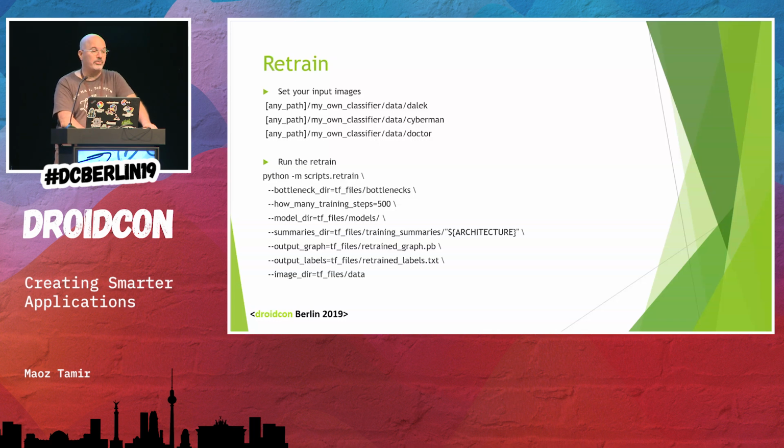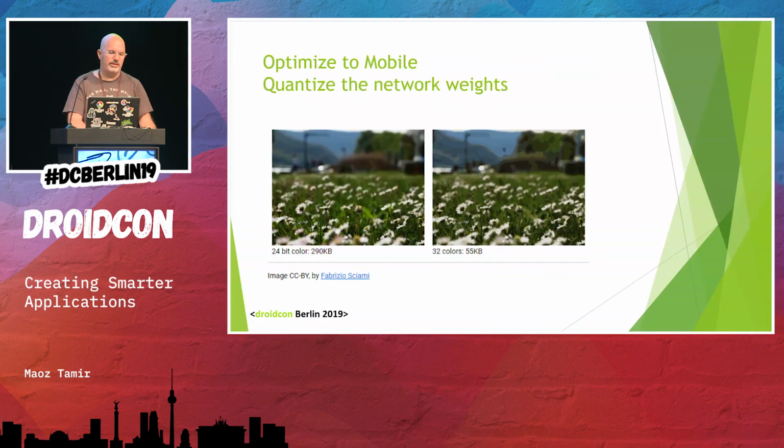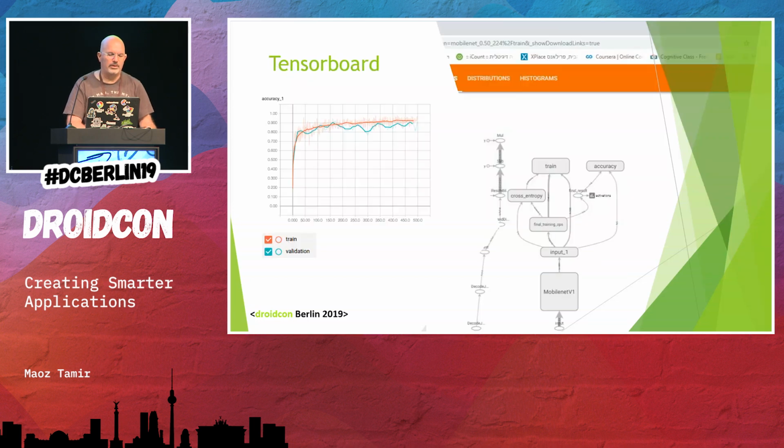So after we train the model, we actually need to load it. Here we can see a tool called TensorBoard. During your training, you can actually see if the model trains okay.